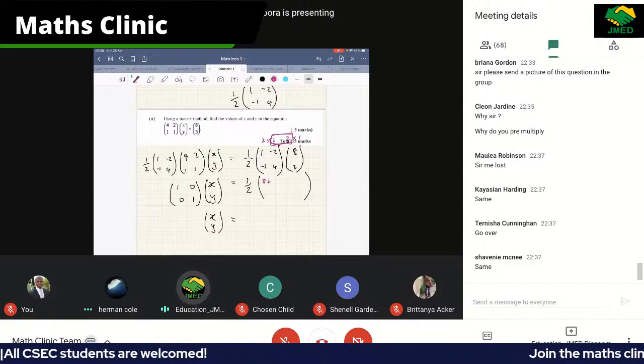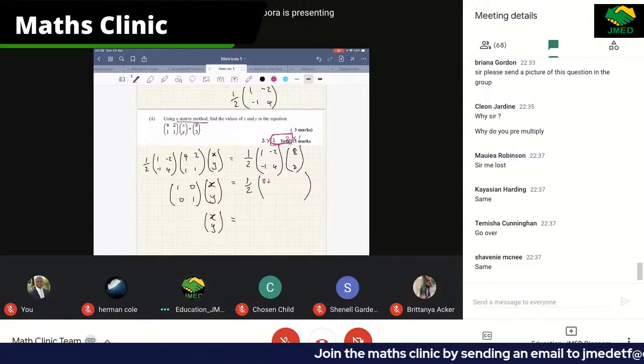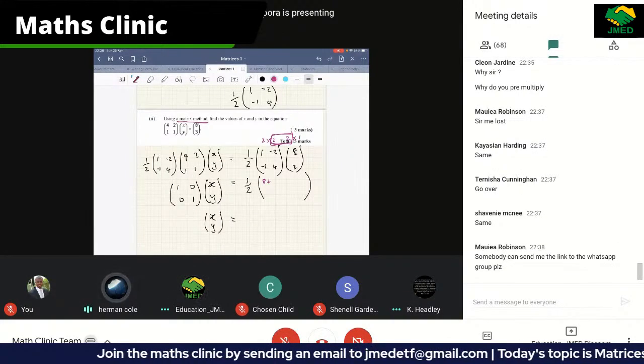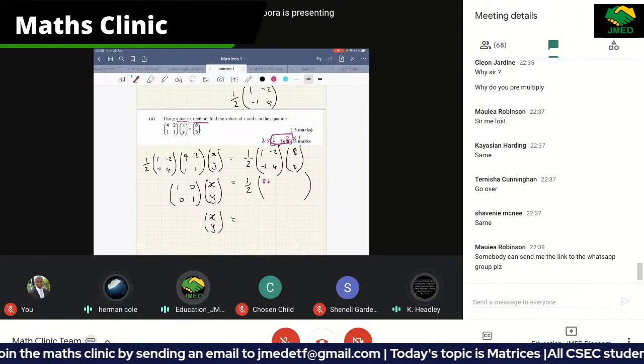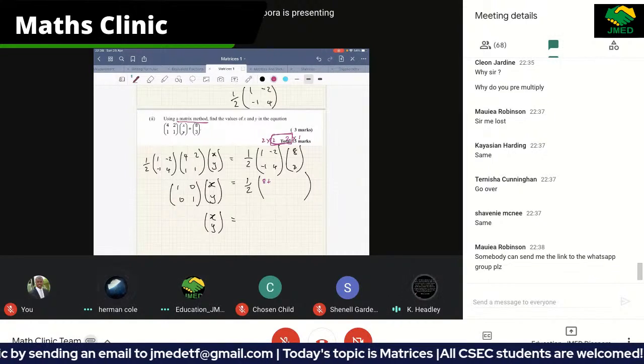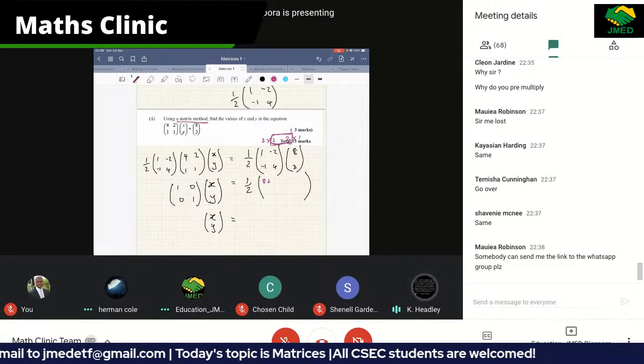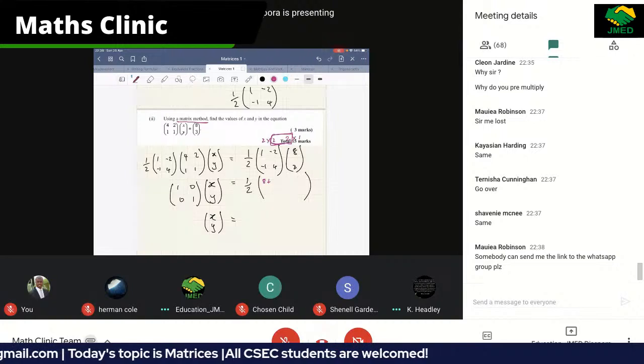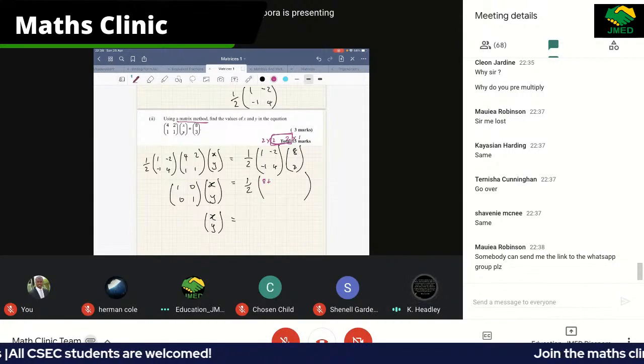But it says use a matrix method. Sir, it is a matrix method, sir. Sir, could you solve it in the form of Ax equals b by making x the subject of the equation? I think that's what can be done here.